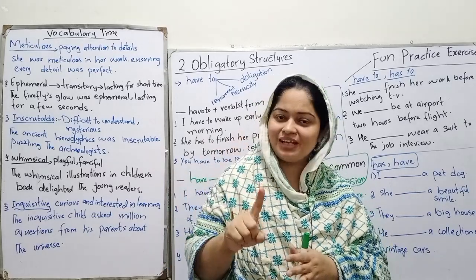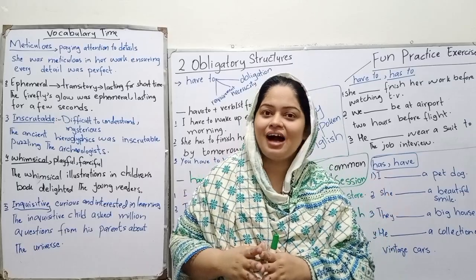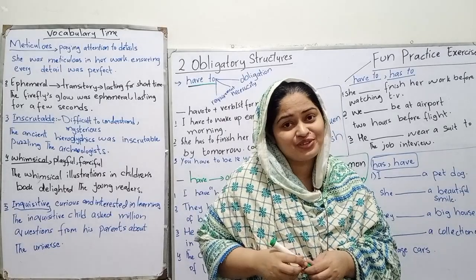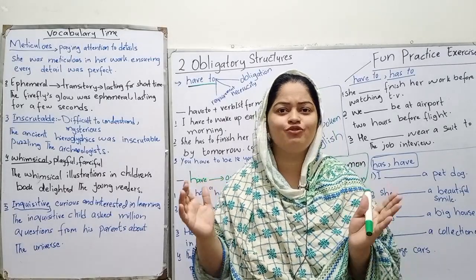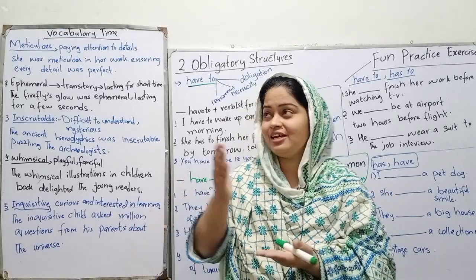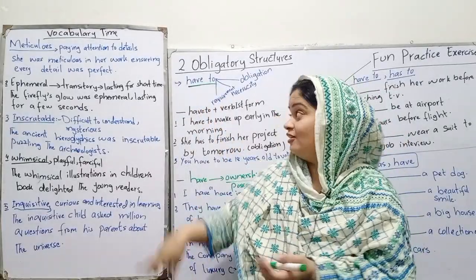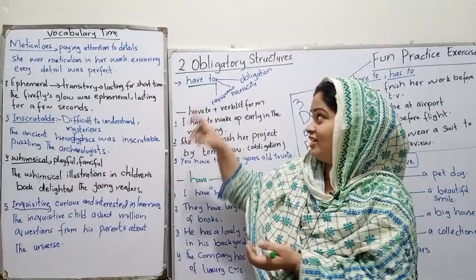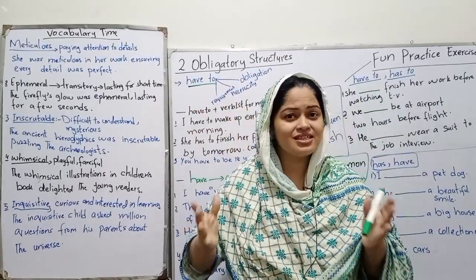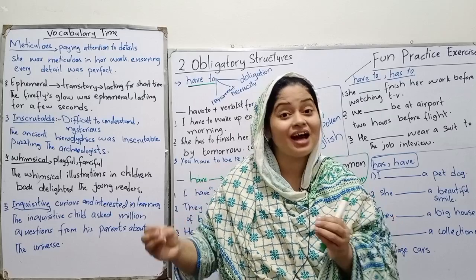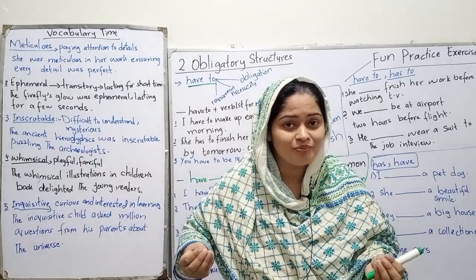Number 1, we are going to study a rule: have to. When we do not want to do something, when it is a requirement, a necessity, an obligation, sometimes we are forced to do different tasks we do not want to perform.